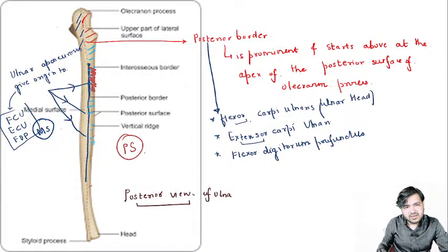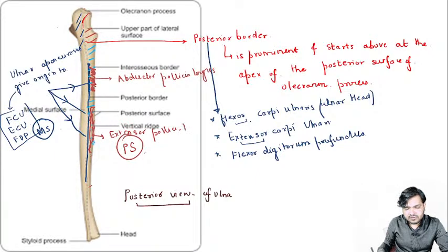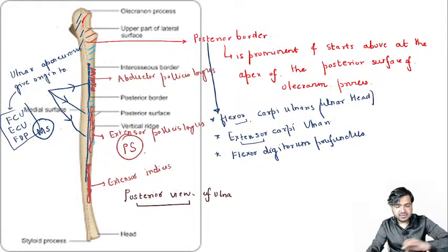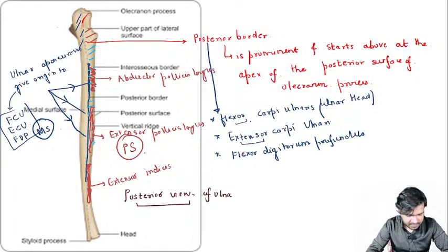The very first muscle that you will see on the posterior surface is the Abductor Pollicis longus. Then we have extensor pollicis longus, and one more, the extensor indicis muscle. This is in order, beta, you have to remember it this way. So remember we have three muscles that are originating from the posterior surface.